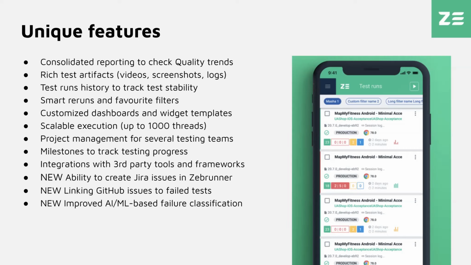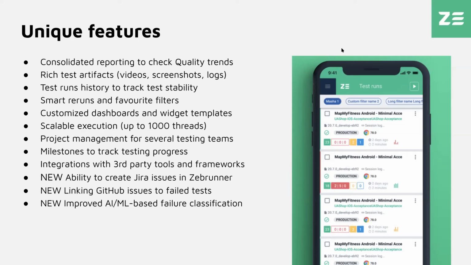So I'll show all of these features to you a bit later. The same thing about linking the issues is now available for GitHub. So it's possible to link your GitHub issues to failed tests and understand what it's linked with, access it quickly.